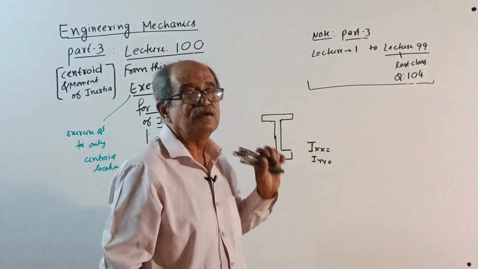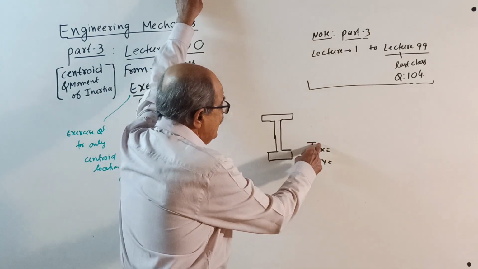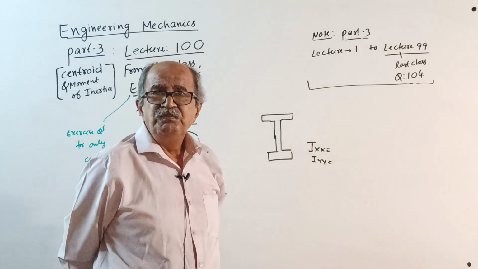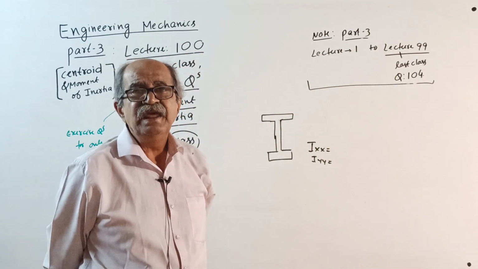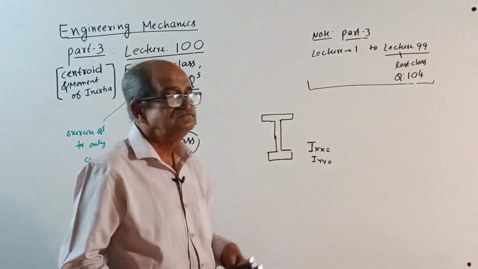Question with answer. But before finding Ixx, Iyy, you have to locate the centroid. By chance, if you make a mistake in locating the centroid, you will not get the given answer.